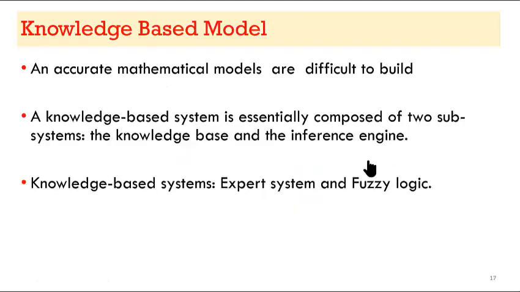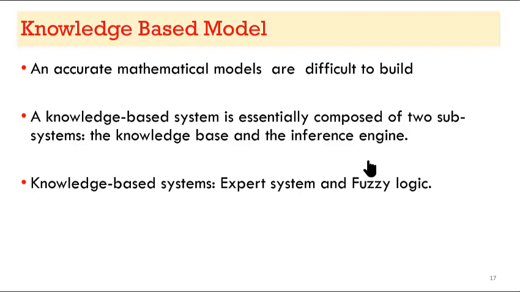And finally, the knowledge-based model. This kind of model is used where you are not able to make an accurate mathematical model. So we use knowledge, and that's why it is called a knowledge-based system. It is essentially composed of two subsystems: one is the knowledge base and another is the inference engine.